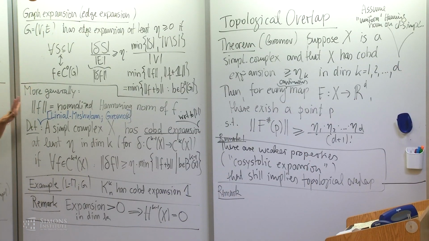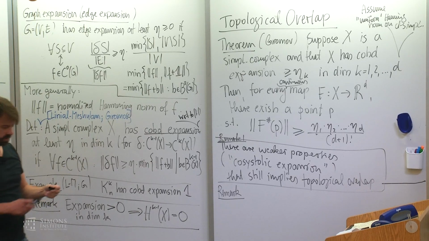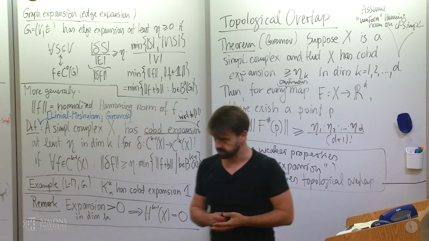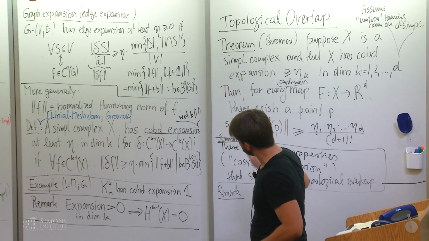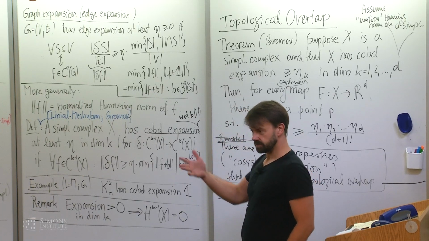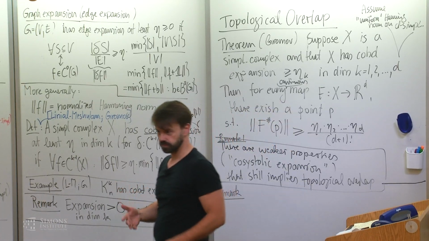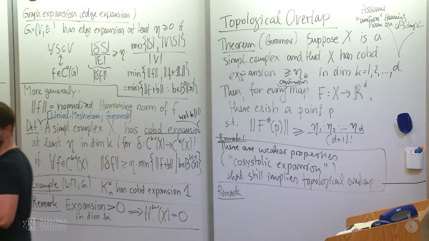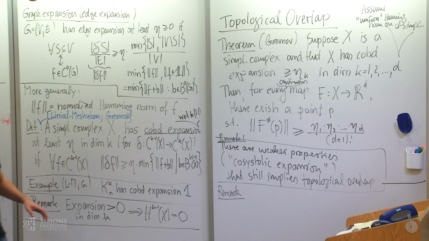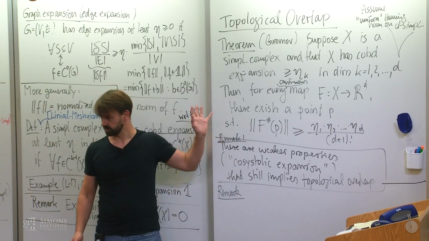And then doing exactly the same thing, you get a notion of spectral expansion in terms of higher dimensional Laplacians. Over the reals, you have to use orientations, yes. But anyway, neither that version of spectral expansion nor either of the versions we have seen implies co-boundary expansion.